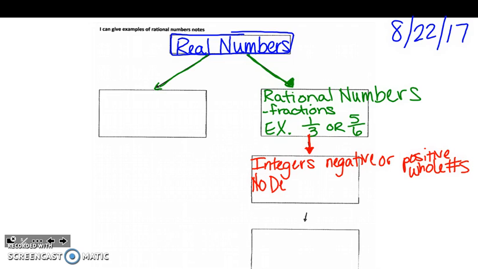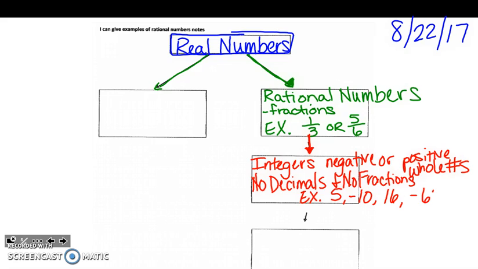No decimals fall into here, and no fractions. So those examples that I gave you yesterday would fall into here. So for example, 5, -10, 16, -62. All of those are examples of integers. You've been working with integers a really long time, okay?